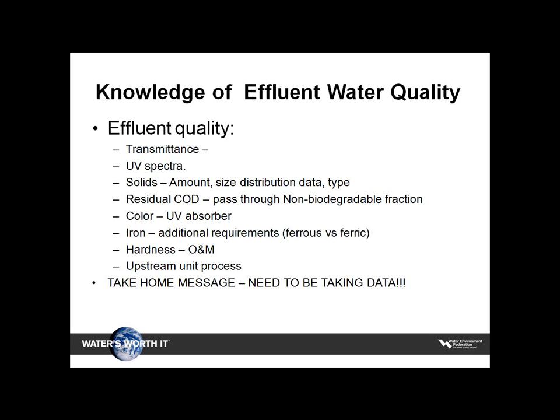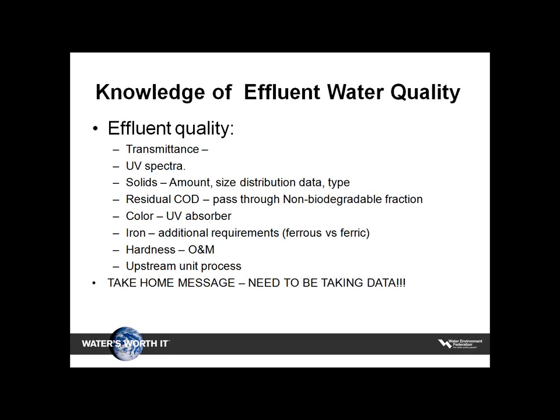Oftentimes, that comes from an industrial source upstream that can impact the design and or water quality of the UV system. Color oftentimes has UV absorbers in it, and a lot of that is based on the different wavelengths of the color. Some colors absorb UV and some do not, so you have to look into that.